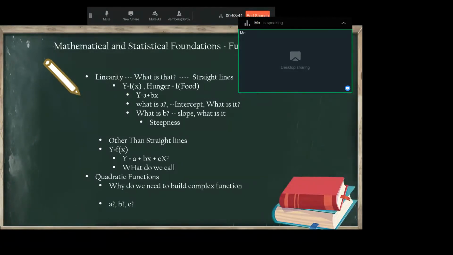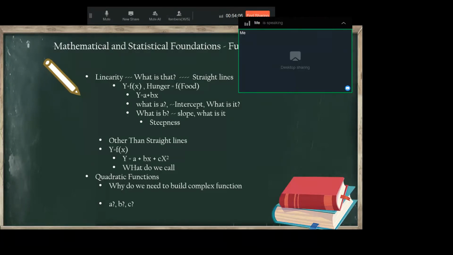Then we talked about different functions, starting with the linear function: how to find the slope and intercept, and how to prove them. If we have variables, how to calculate the slope and intercept. If we have slopes, how to calculate the variables. If one is given, we know how to define the other. That's a linear function.